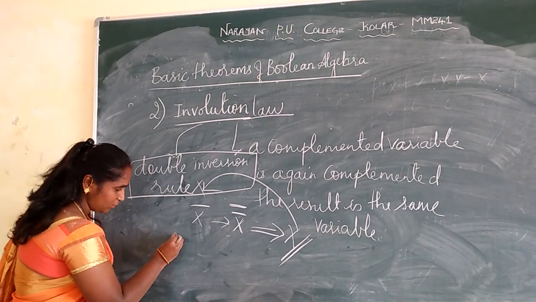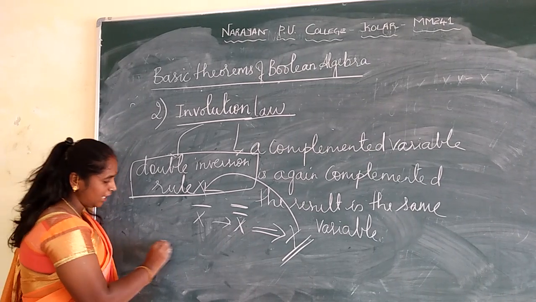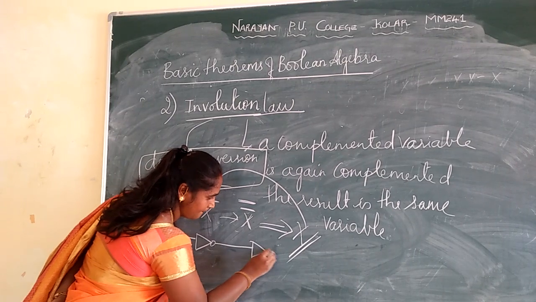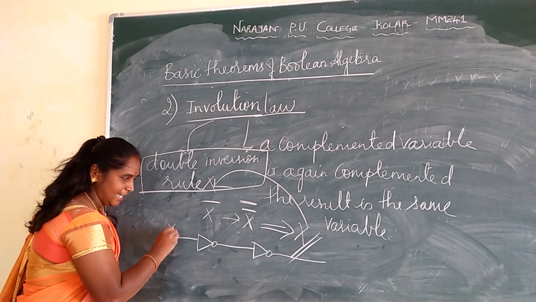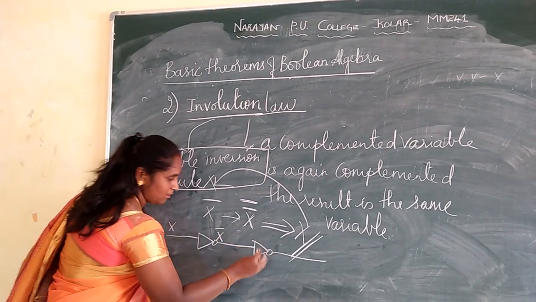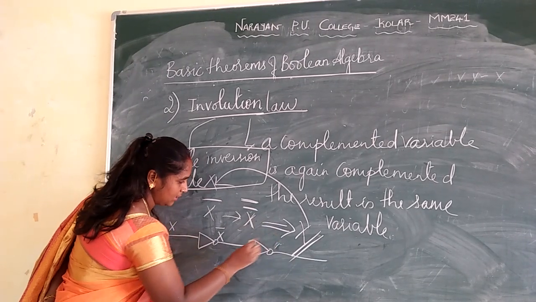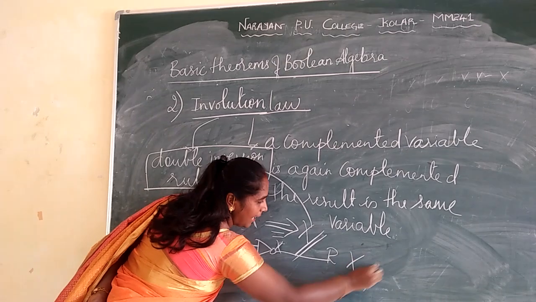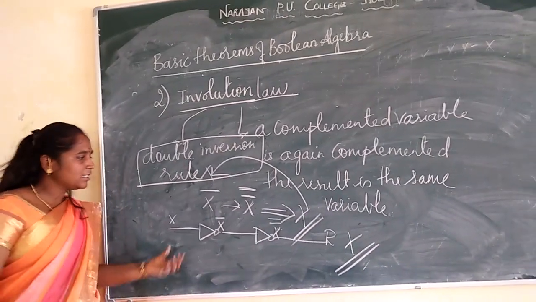So what is the logic gate of this? Consider variable x bar. When it goes through another gate, that is nothing but x double bar, and the result will be your x. So this is the logic gate.